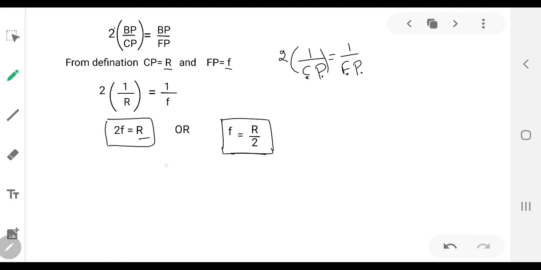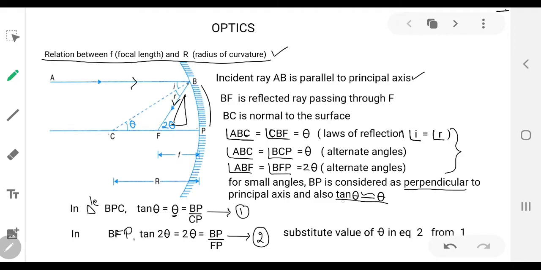Radius of curvature is always double the focal length, or focal length is always half of the radius of curvature. This relation is true for convex mirror also, even though we have derived this relation by using concave mirror. This holds good for convex mirror also.